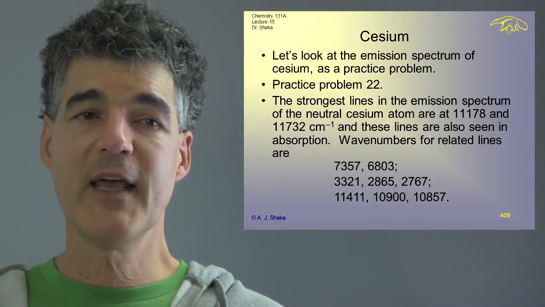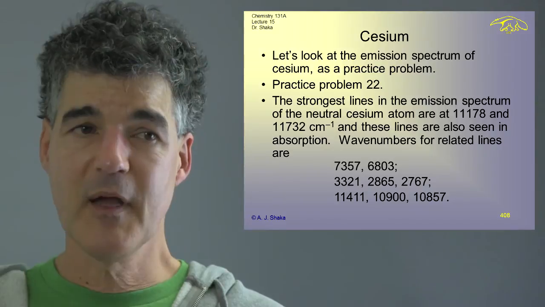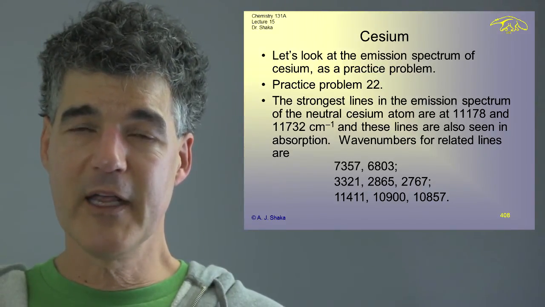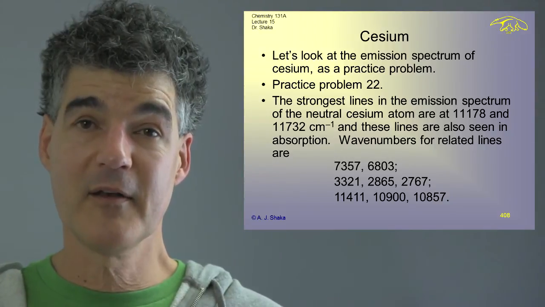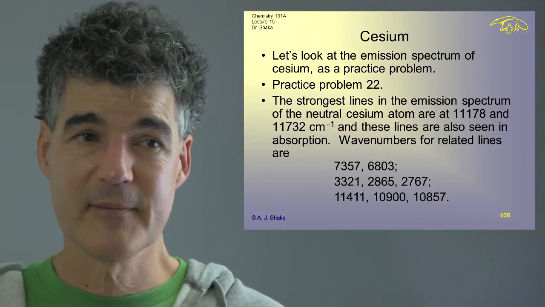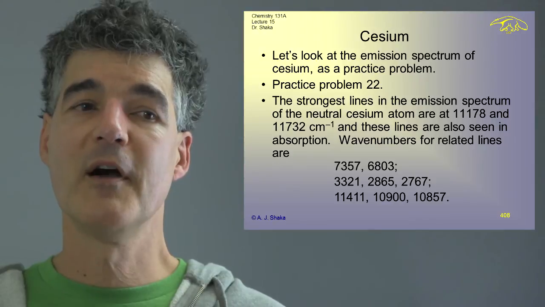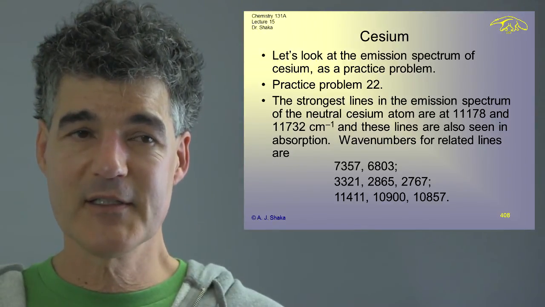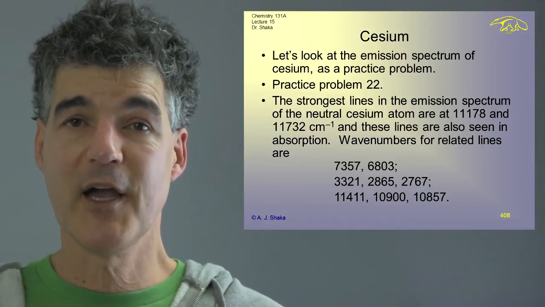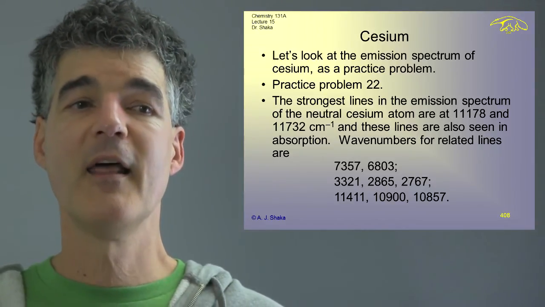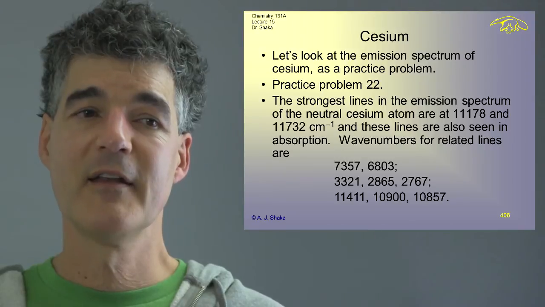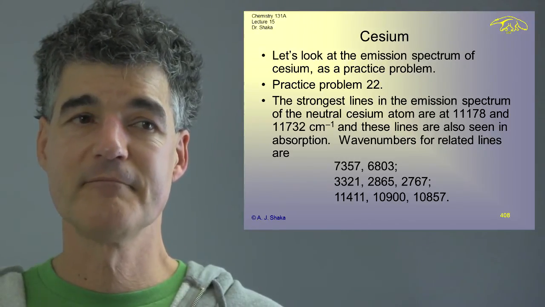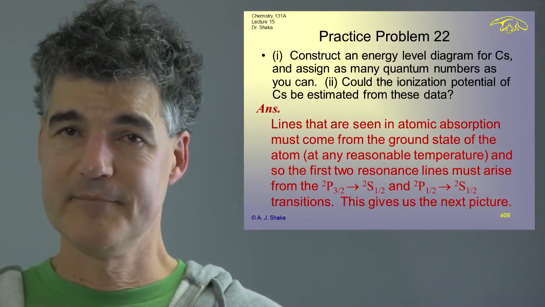Wave numbers for related lines in the emission spectrum are 7357, 6803, then there's a semicolon, that's important, 3321, 2865, 2767, another semicolon, 11,411, 10,900, 10,857. 1.